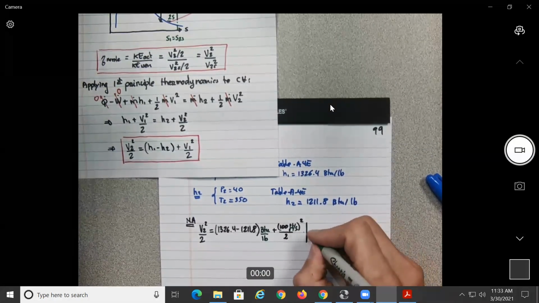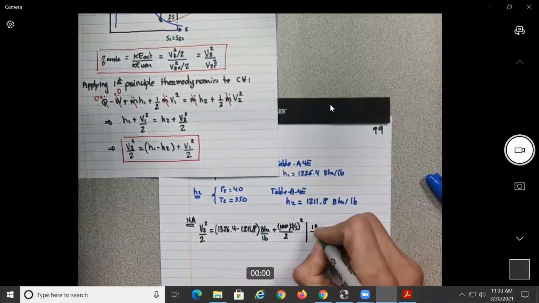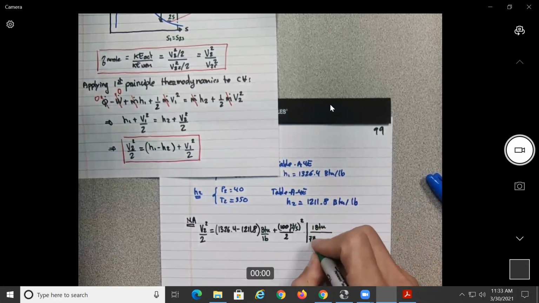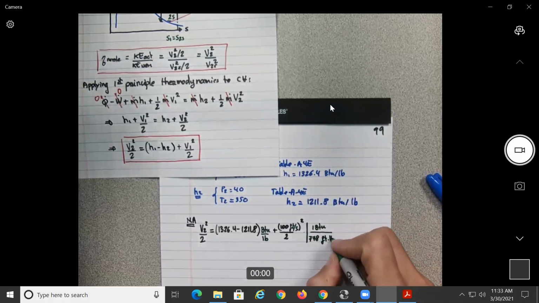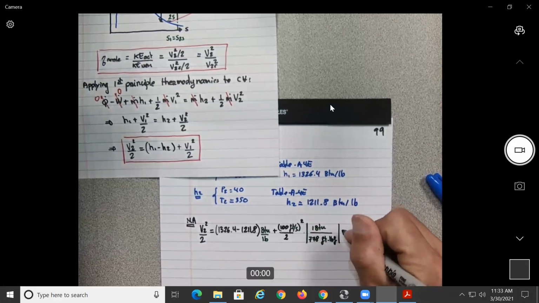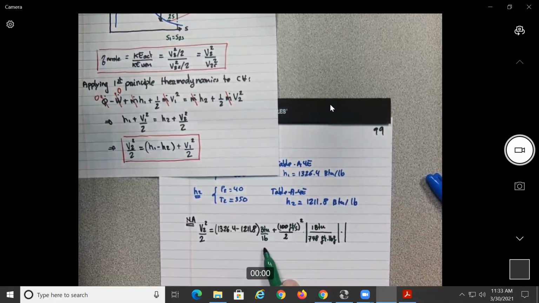So if we remember from that page of conversions, we have that 1 BTU is approximately 778 foot pound force. So now we have the BTU, but we have the pound force instead of the pound mass.